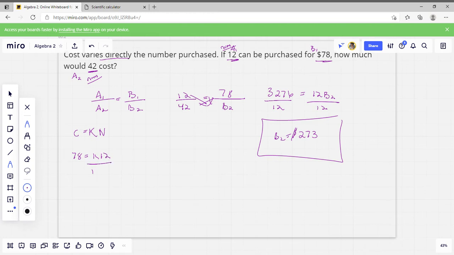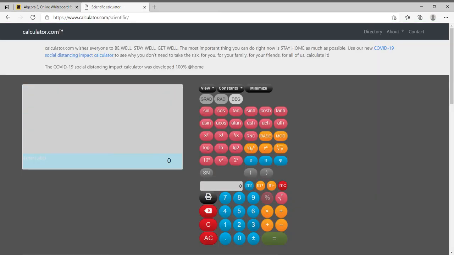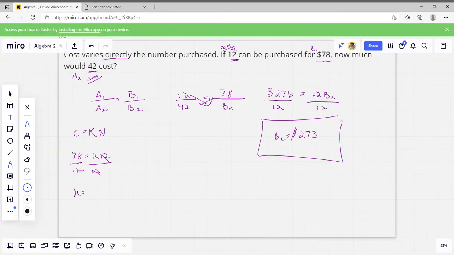Then we divide by 12. K, our variation, equals 78 divided by 12, which is 6.5.